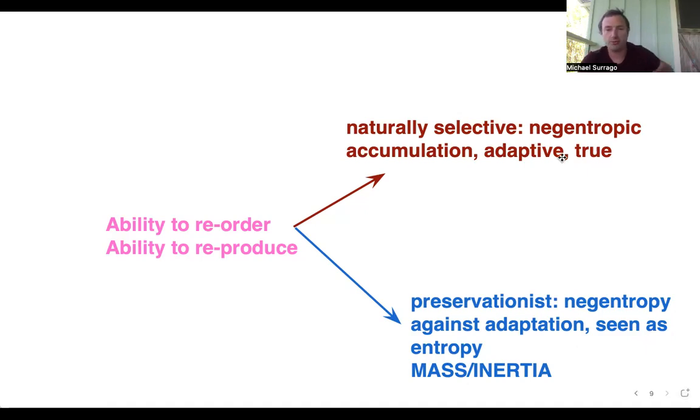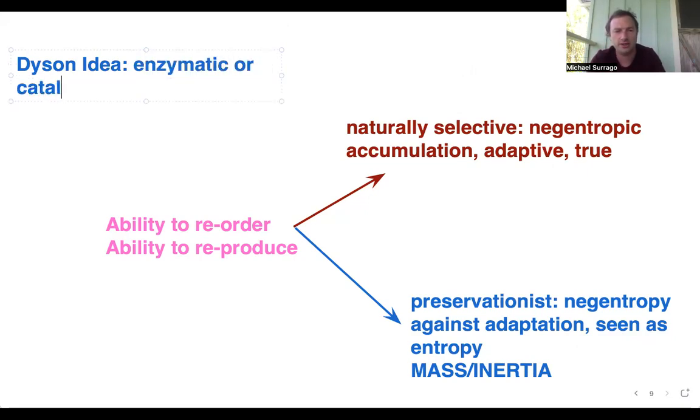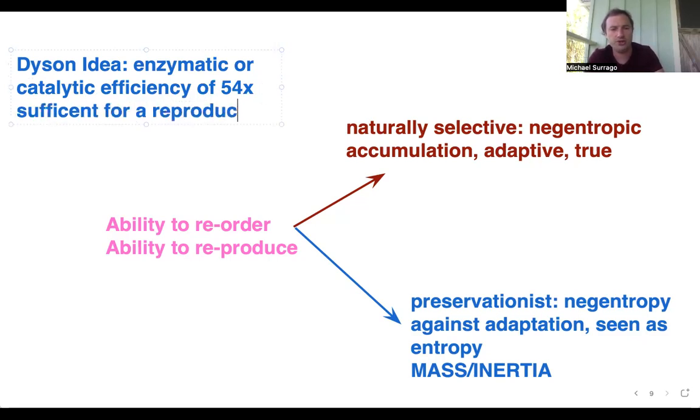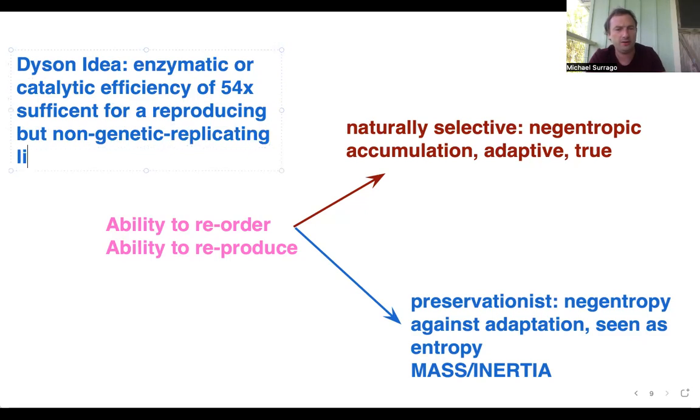So I also want to bring this up from the previous slide, that there's the Dyson idea, okay, of the enzymatic catalytic efficiency of 54x being sufficient for a reproducing but non-genetic replicating life blob form thing.